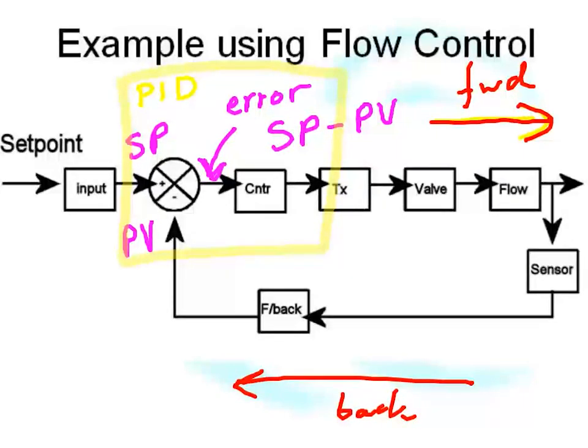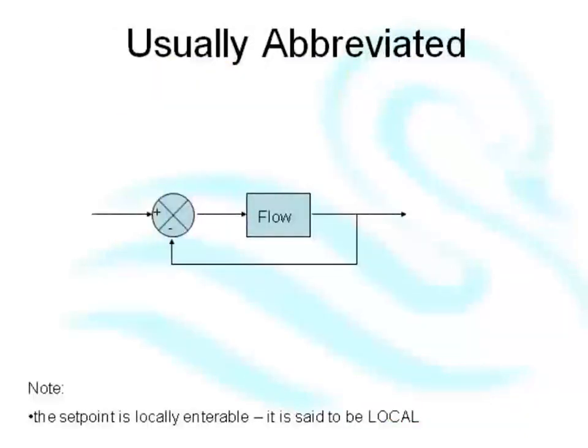Now, it turns out that instrument people are amazingly lazy people. It's probably one of the things that characterizes them. So they don't actually bother drawing all of that stuff. This is what they draw instead. This here, that's the set point. It's coming into the summation block, so we just assume it's the set point.